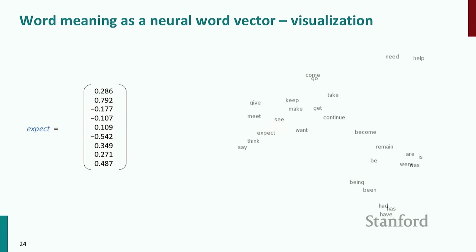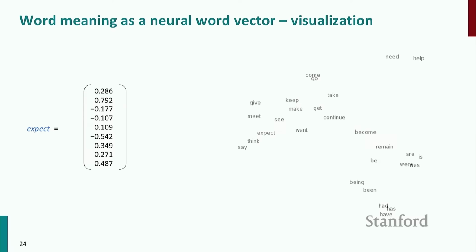Or we can go to another piece of the space, and here's a bit of the space where we have verbs. And not only have we got verbs, but there's actually quite a lot of fine structure here of what's similar that represents things about verbs. So you've got verbs of communication, statements, saying, thinking, expecting, grouping together, come and go, group together.